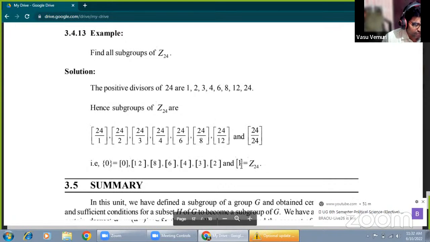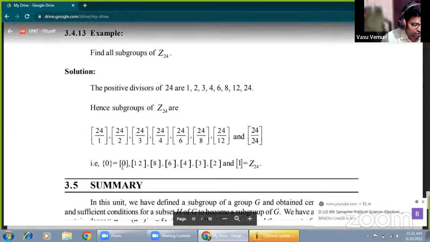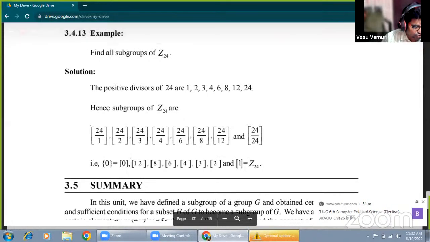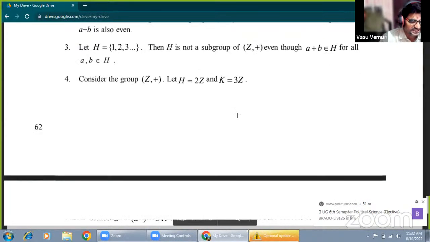Now, the subgroups of Z24 are: generated 0, meaning 0 is the generator, 12 generator, 8 generator, 6 generator, 4 generator, 3 generator, 2 generator, 1 generator of Z24. These generators represent the subgroups of Z24. That is very simple.